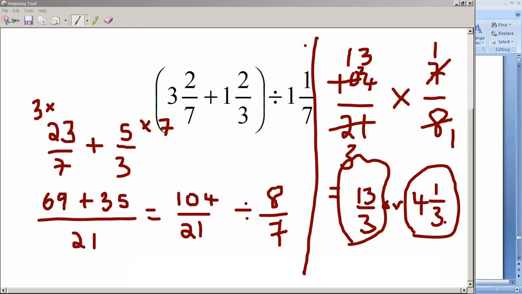What time is it now, class? 7:34. All right. So we're gonna do these 2 questions and take a little break, and then we're gonna go back and continue the work. After fractions, we're gonna look at what we call ratio and proportion and percentages.